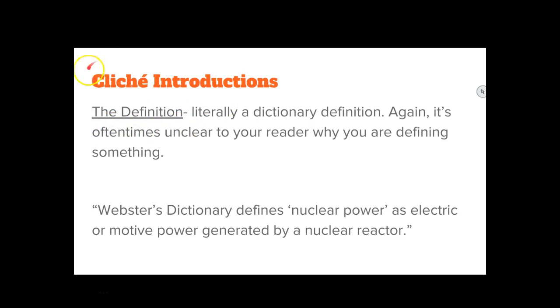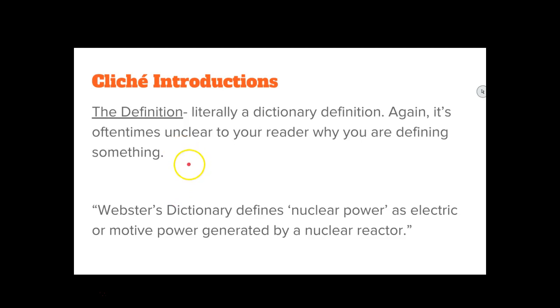The other thing that people oftentimes try to use is what's called the definition. That's literally when you go to a dictionary and cite the definition, right? Oftentimes it's unclear why you're even providing that definition. If I were to say, Oxford's English Dictionary defines polio as, okay, that seems out of context, or just mundane.